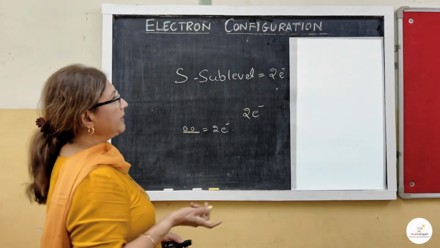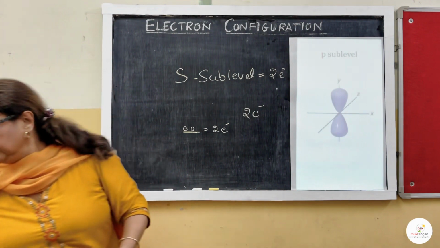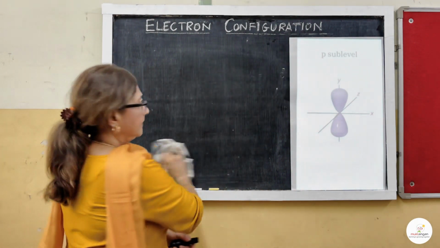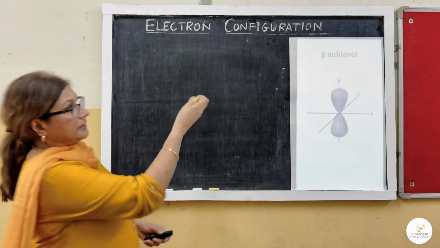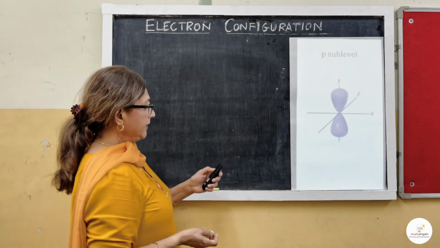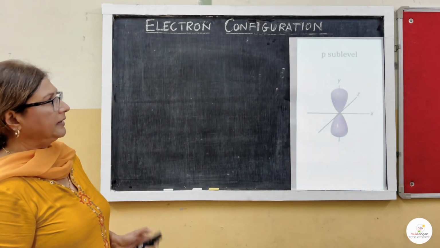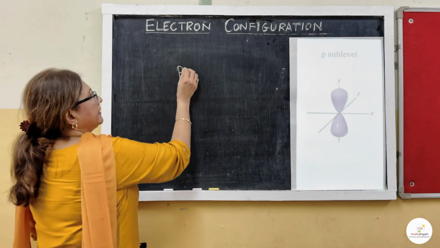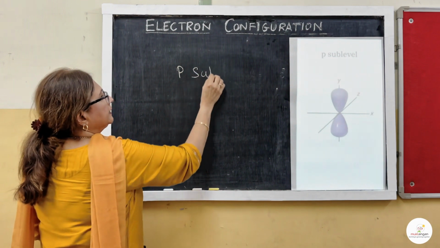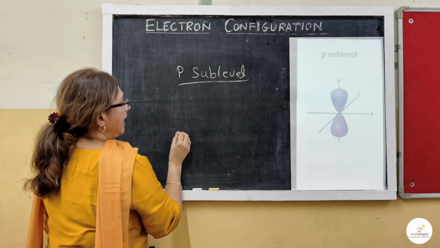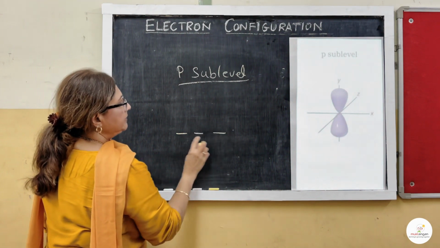Next, we will go to sublevel p. As you can see, sublevel p has a dumbbell shape. The p sublevel has 3 orbitals, 1, 2, 3.